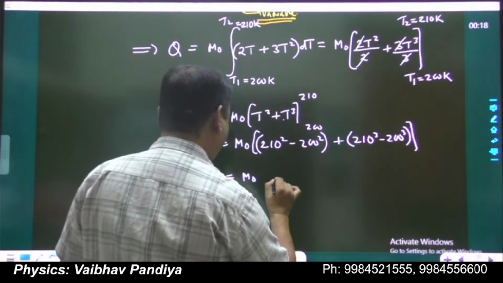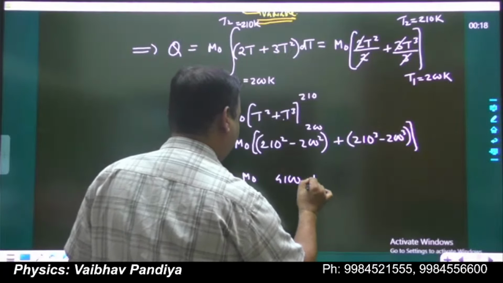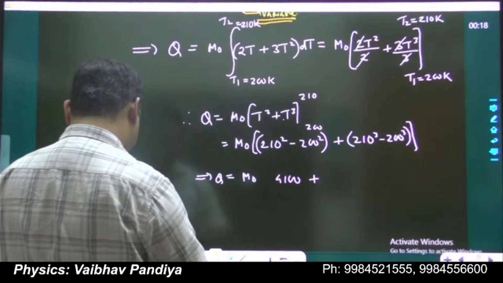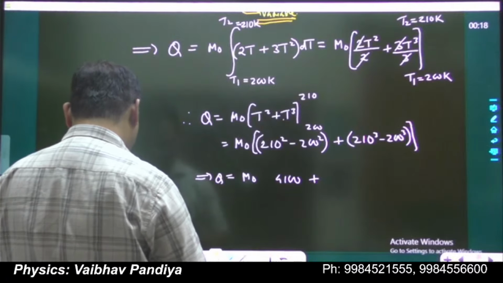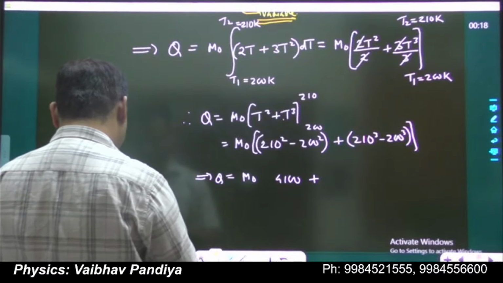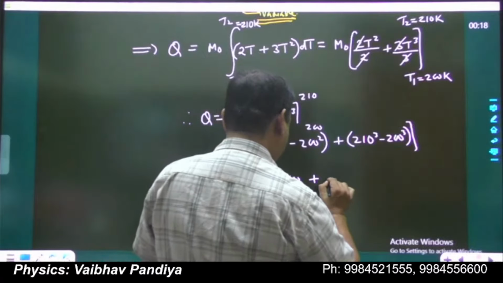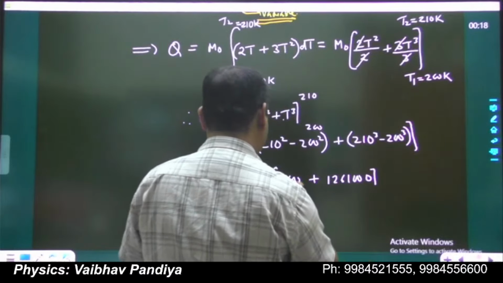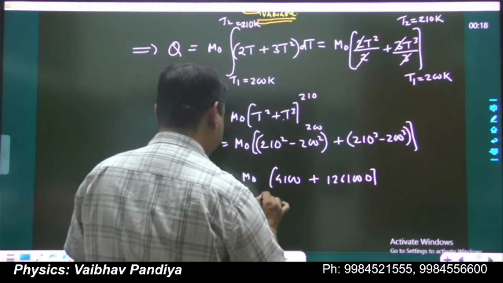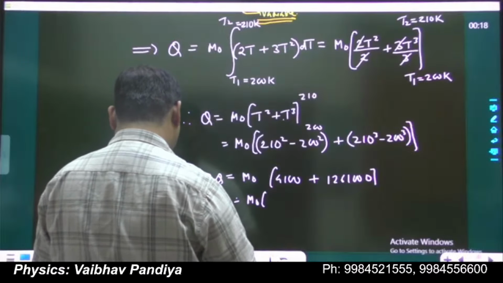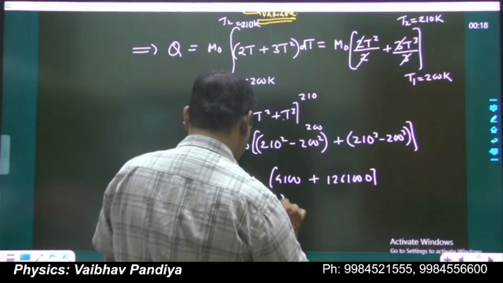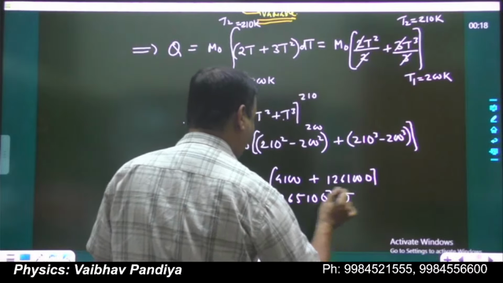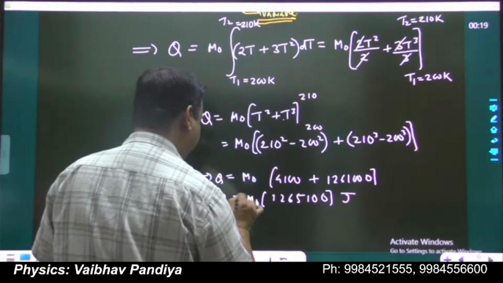You'll get 4100 plus you'll get 210 cube minus 200 cube. You'll get 1261000. So you'll get m naught 1265100, and answer will be joules. This is the value of heat needed.